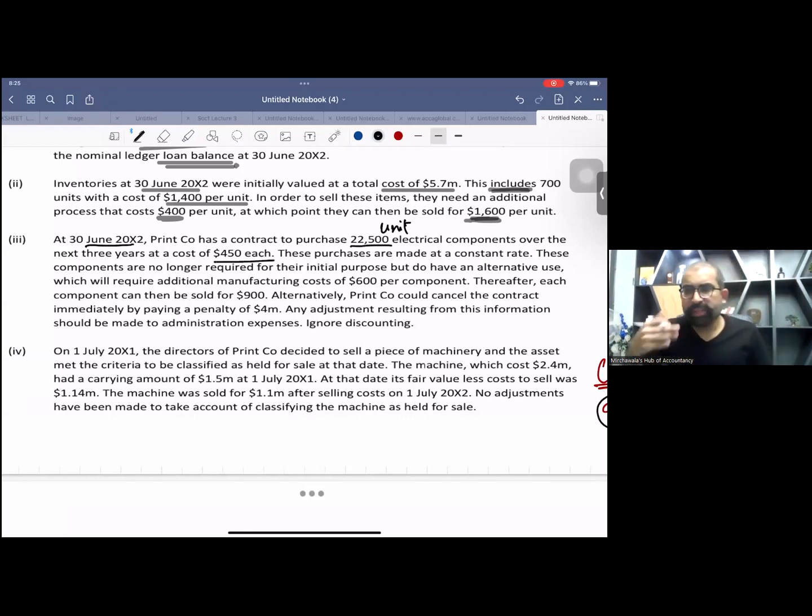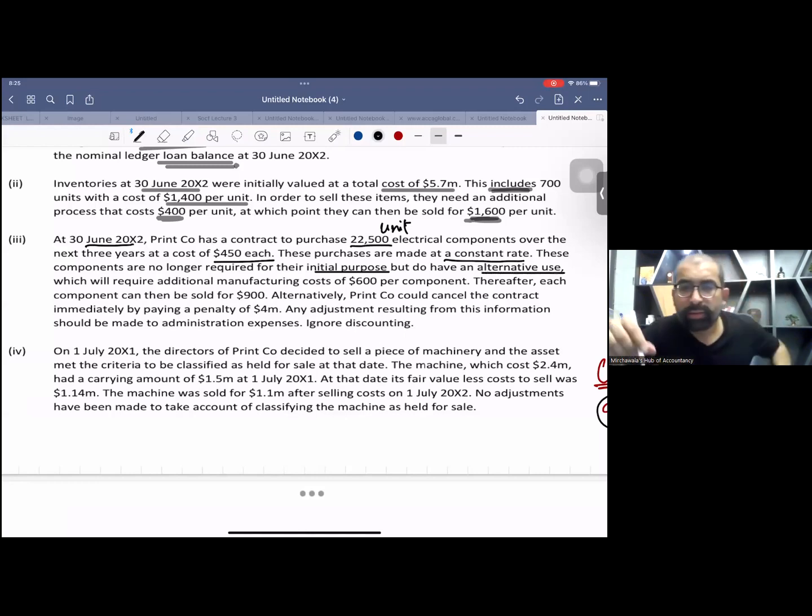We have made the contract, so now we have to buy it at any cost. The purchases are made at a constant rate. These components are no longer required for their initial purpose, but they do have an alternate use.